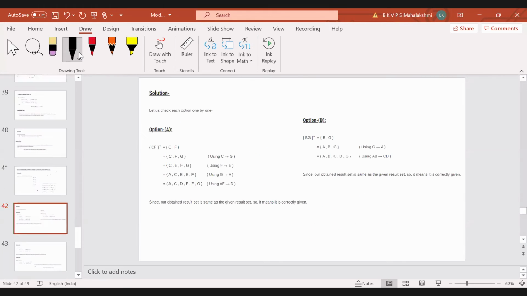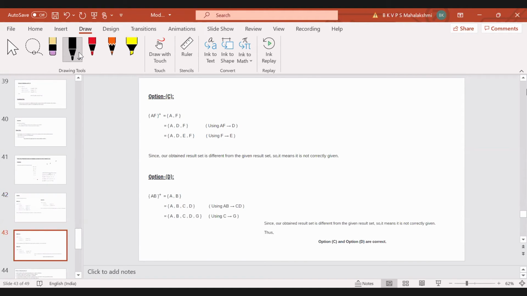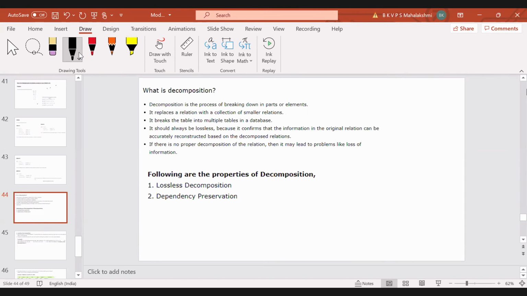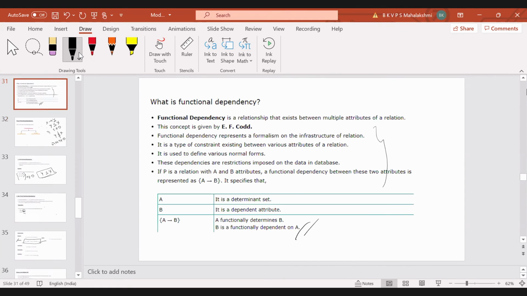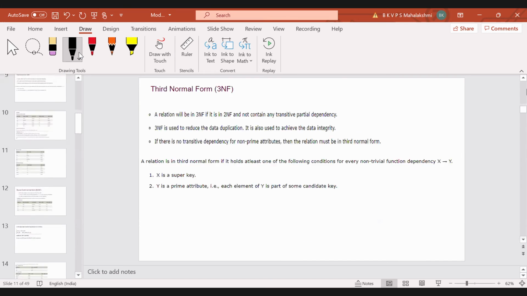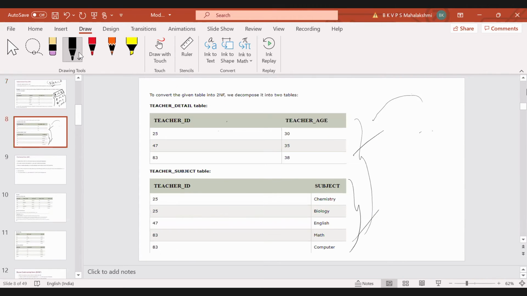So next is, see, we have actually in the second normal form, we have decomposed. See, this is the table, and here in this example, we can decompose this one into two tables.